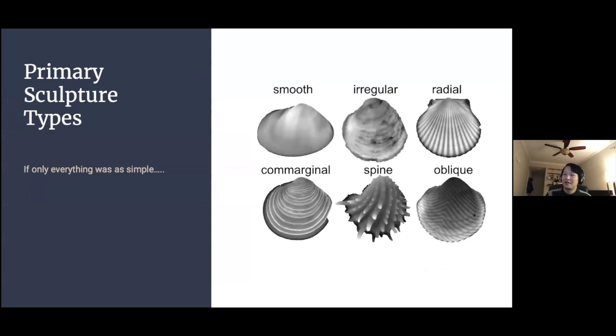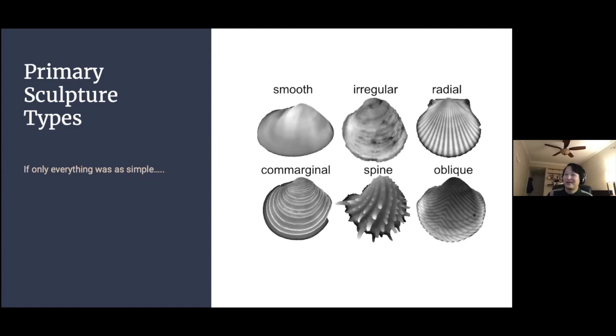Here is an illustration of 6 major pillar types, ranging from very smooth, to having very concentric patterns called comarginal, to the radial patterns, which are basically rays shooting from a single fixed point. These are patterns which we can have human experts come in and very confidently mark.